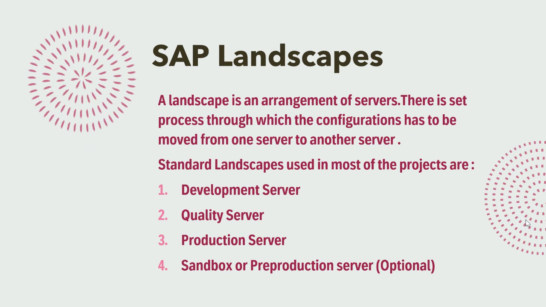Suppose there are three servers: one is development, one is quality, and one is production. In development, we as consultants will do the configuration changes, or a technical consultant will do the customization changes. He'll write code, create something, or make changes in the existing code.